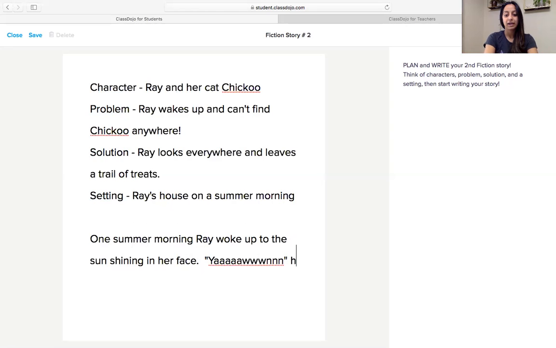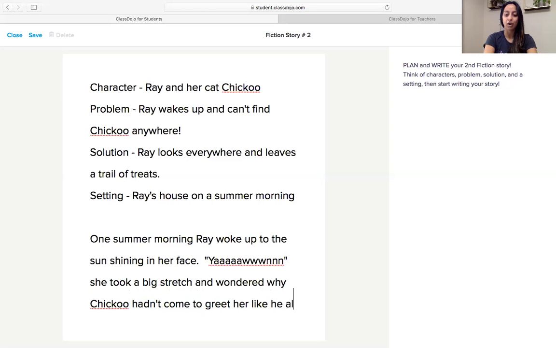Yawn. She took a big stretch and wondered why Chiku hadn't come to greet her like he always does. And then I would keep going, writing my story, telling about my characters, telling about the problem they have and the steps that they take to solve the problem.